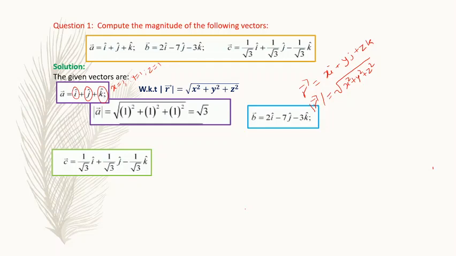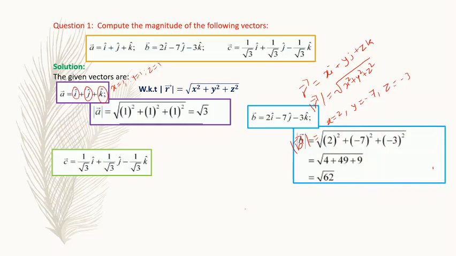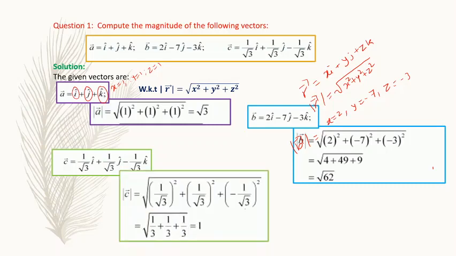Similarly, for vector B, x is equal to 2, y is equal to minus 7, z is equal to minus 3. Therefore, the magnitude of vector B is root of 2 square plus minus 7 square plus minus 3 square. We get root 62. Similarly, please do the magnitude of vector C yourself; that is 1.